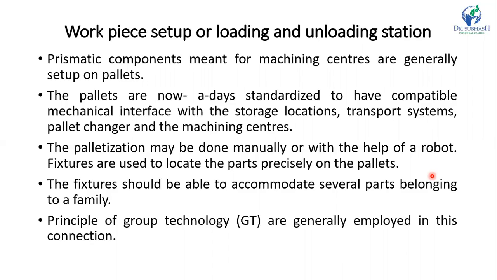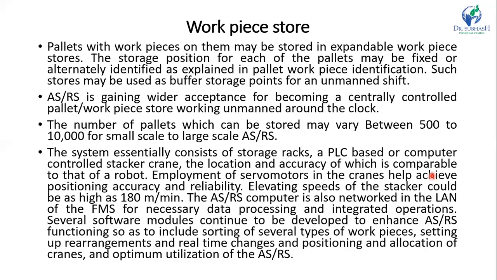In such cases, the workpieces may be loaded manually or automatically on a tray-like pallet. A transport pallet of this type may be used to accommodate several workpieces in proper position. Rotational workpieces may also be loaded into turning centers in a similar fashion. Then workpiece store.